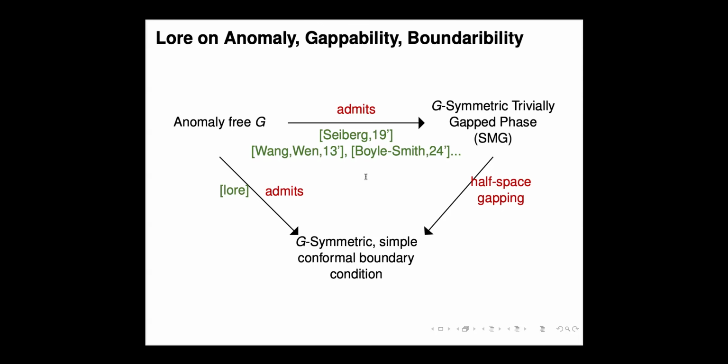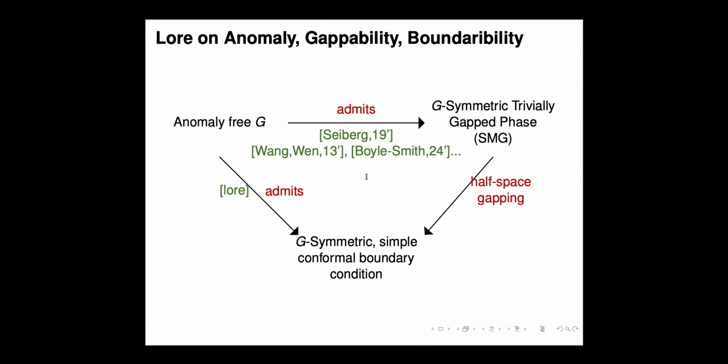Once you do this, you can form an interface between the original theory and the trivial one. And because the gapping potential preserves the G symmetry, the interface between the trivial phase and the original system should also preserve the G symmetry.